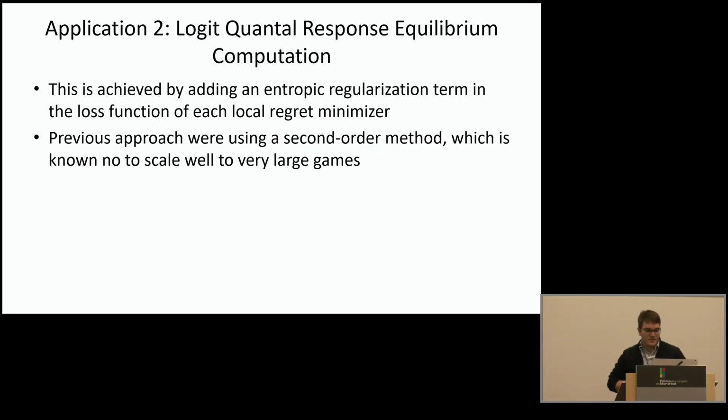The second setting that we consider is that of finding a quantal response equilibrium, and there's some recent work by Farina, Kroer and Sandholm that shows that finding a quantal response equilibrium can be done if you regularize your game with an entropy function.